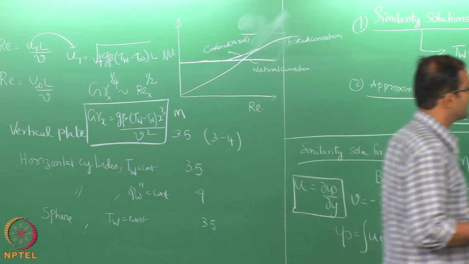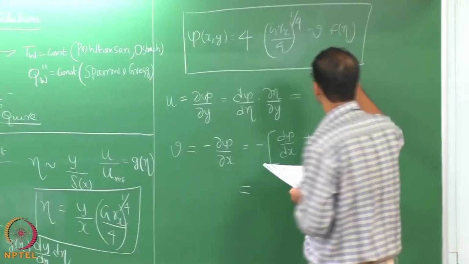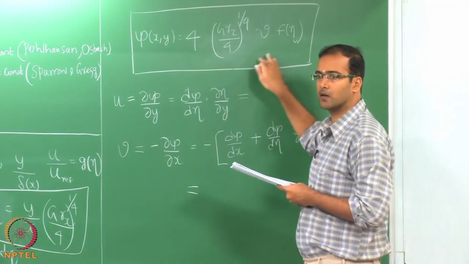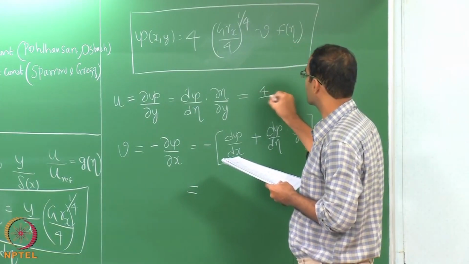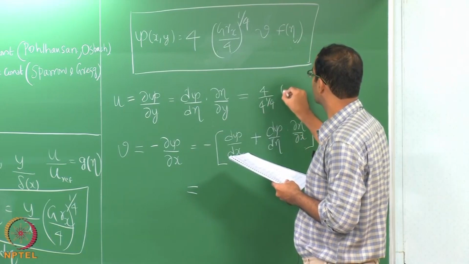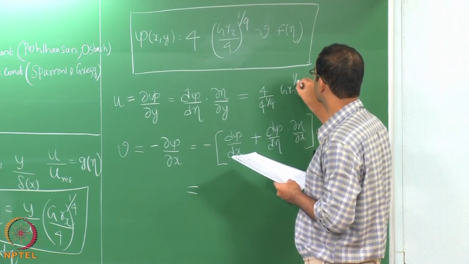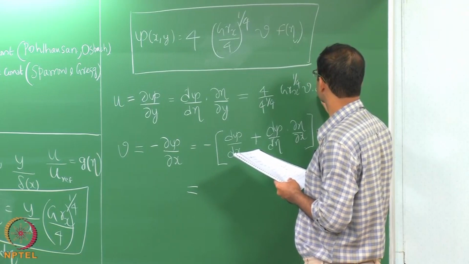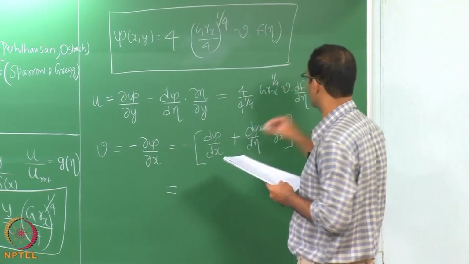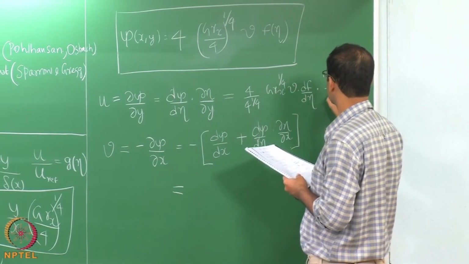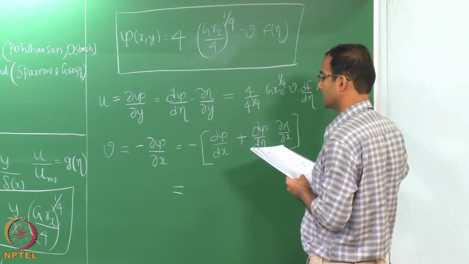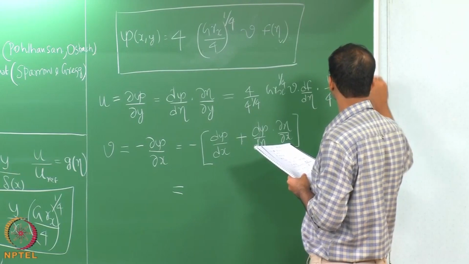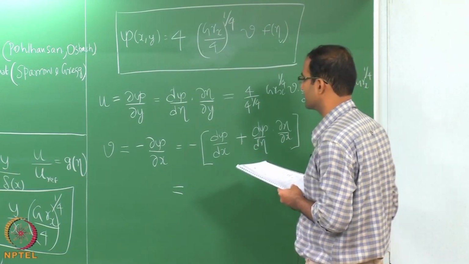So, when you write d psi by d eta, in this case the other terms are all constants, so only f is a function of eta. Okay. So, essentially you have 4 by into d eta by dy, which is nothing but 1 by 4 into 1 by x into Grashof number raised to the power 1 by 4.